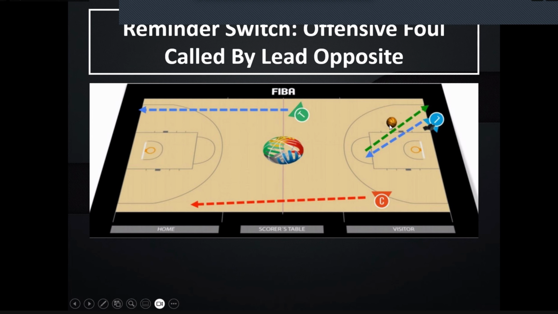If the lead calls that offensive foul over here, though, they're already opposite. So all they have to do is report, and they're going to go back here, and everybody keeps their relative positions. So there's no switches involved in this play, because our calling official is already opposite.